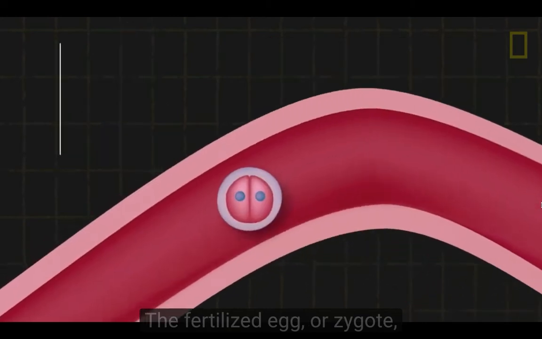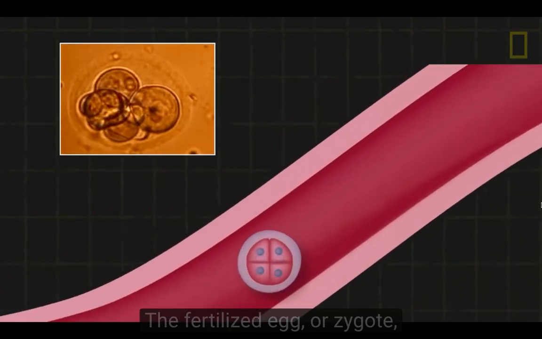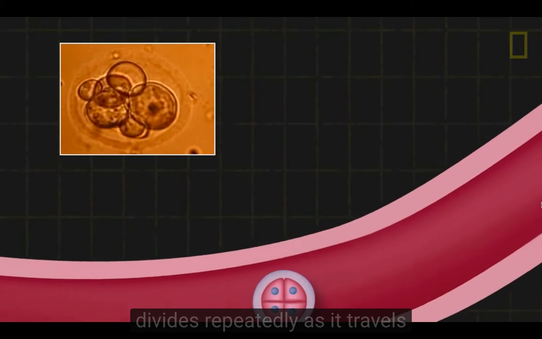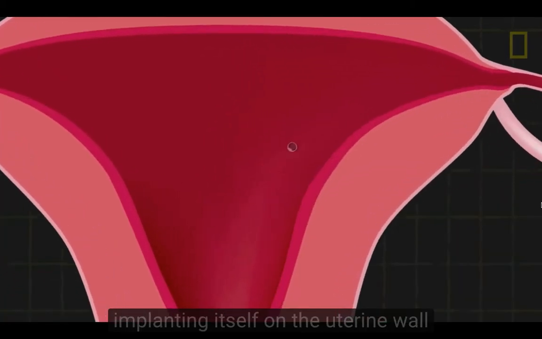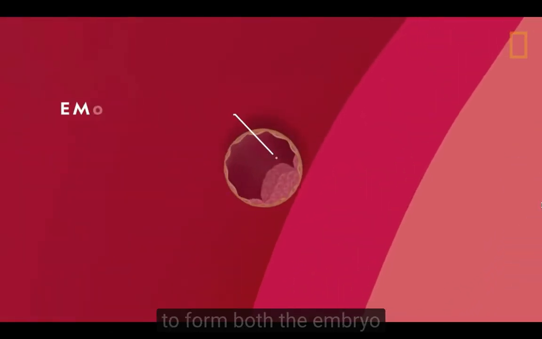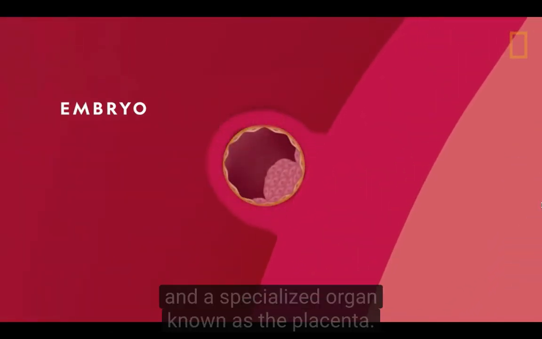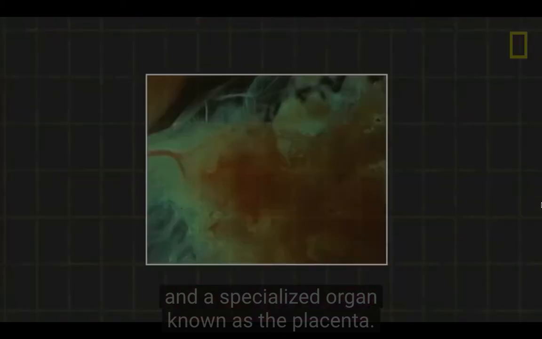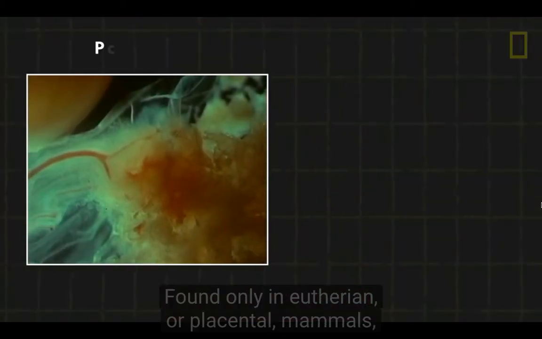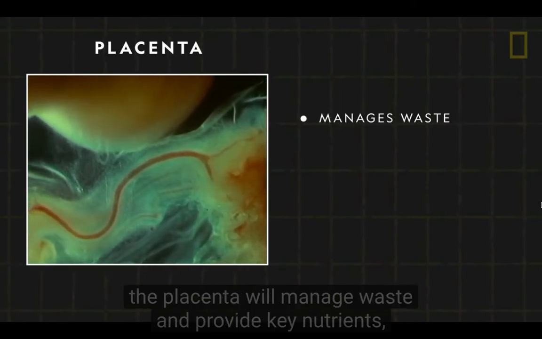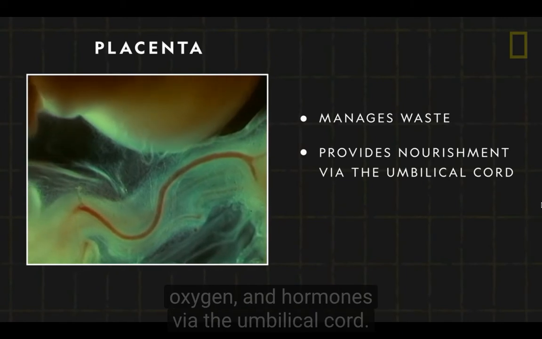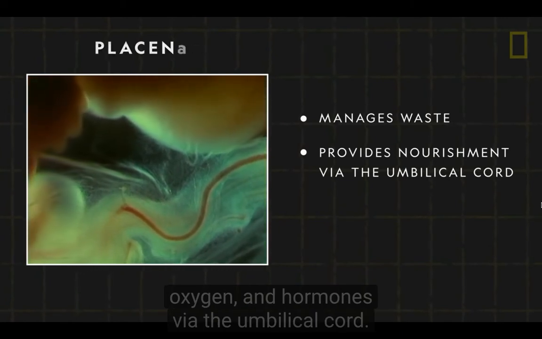The fertilized egg, or zygote, divides repeatedly as it travels through the fallopian tube, implanting itself on the uterine wall to form both the embryo and a specialized organ known as the placenta. Found only in eutherian or placental mammals, the placenta will manage waste and provide key nutrients, oxygen, and hormones via the umbilical cord.